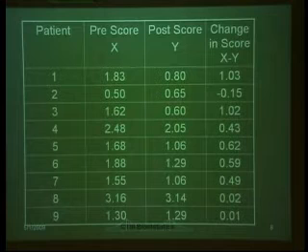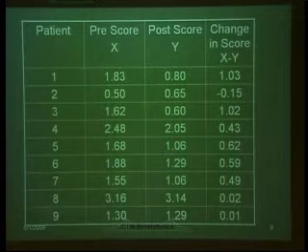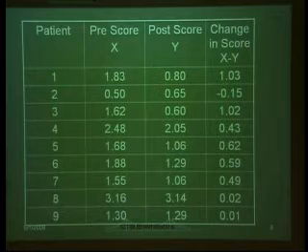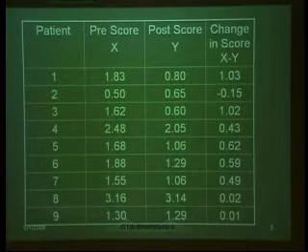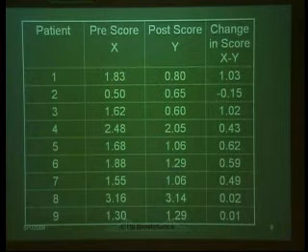So here's the data. This may not have shown up on your handout, but you can see that the scores initially range from 3.16 down to a half. This is on a 0 to 5 scale. And then we have the post score.